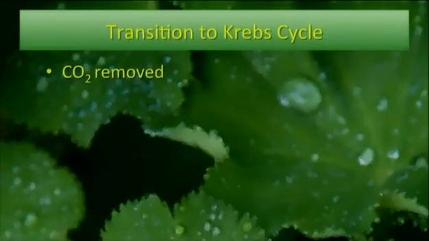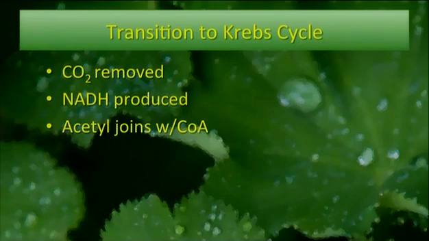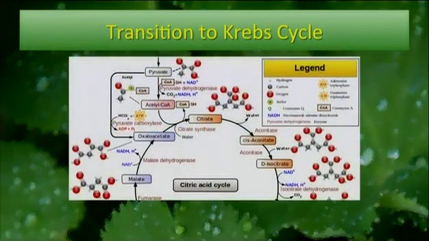Now the transition to the Krebs cycle: you have the carbon dioxide removed, NADH produced, and the acetyl joins with coenzyme A, which we explained before. And that's actually happening right here.